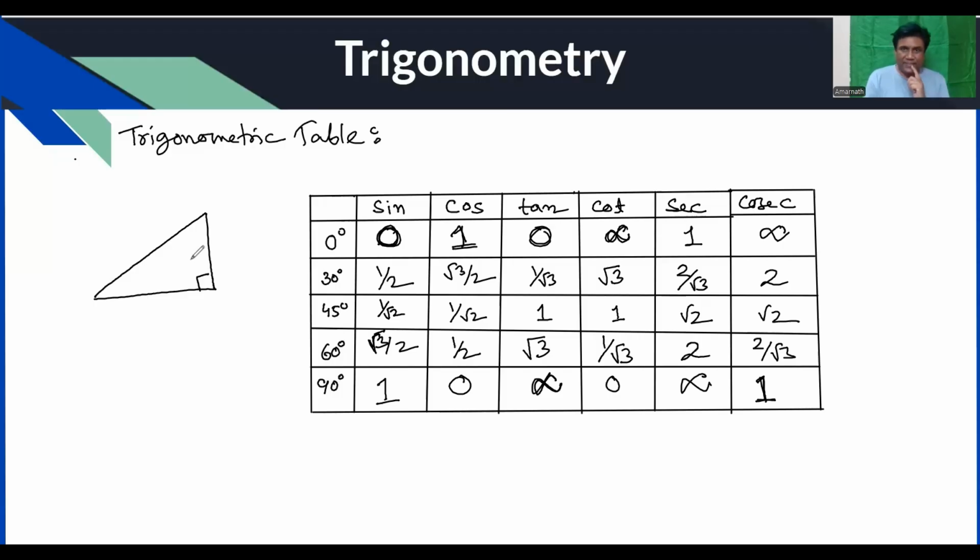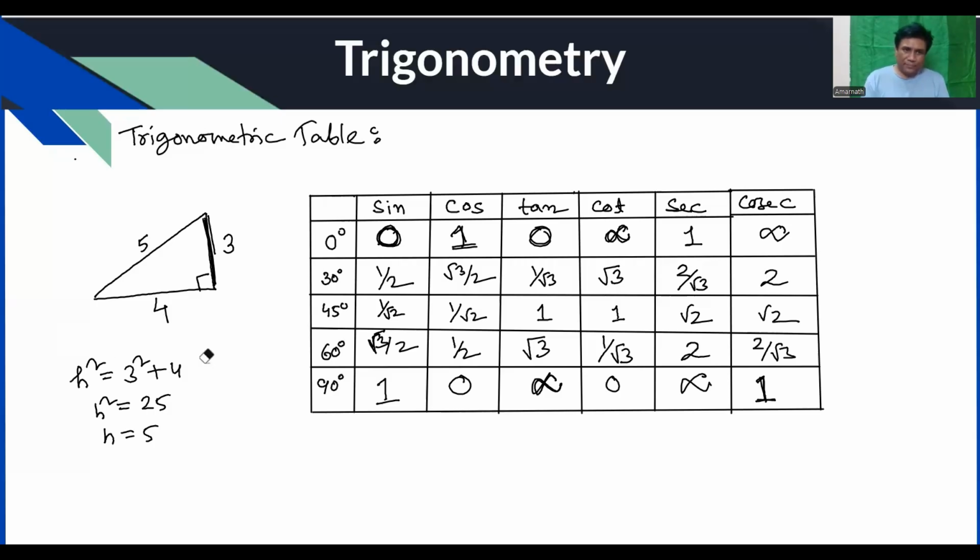In a triangle, if the perpendicular is 3, base is 4, then obviously the hypotenuse will be 5. How? Using the Pythagoras theorem. h square equals perpendicular square 3 square plus 4 square, so 9 plus 16 is 25, so h will be 5 only. So this is a very beautiful right triangle.